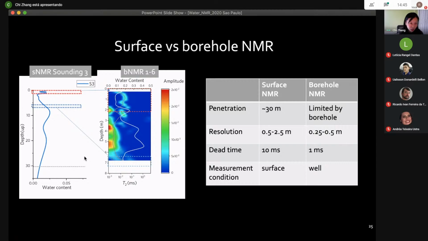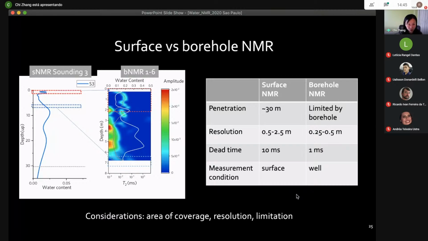And this comparison gave us a hint on how we can wisely design our geophysical survey with full consideration of the area of coverage, the resolution, the limitations, and also some other logistic considerations.